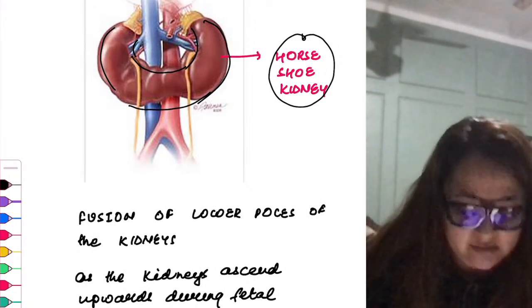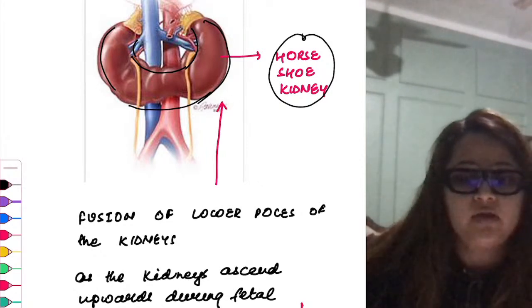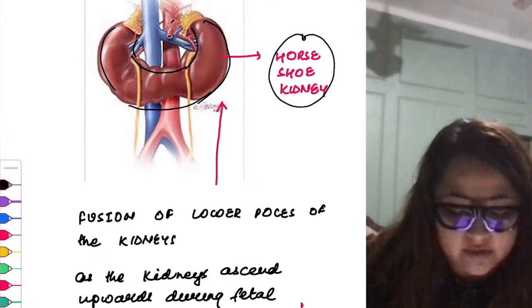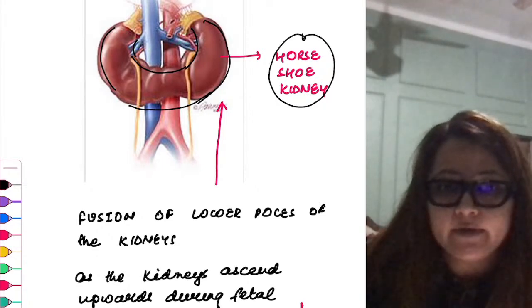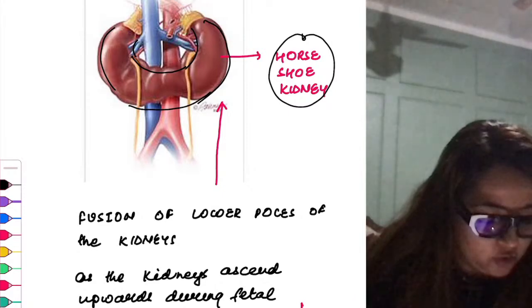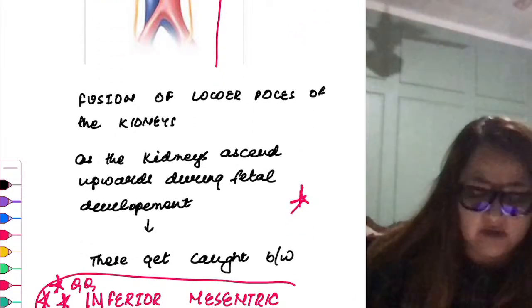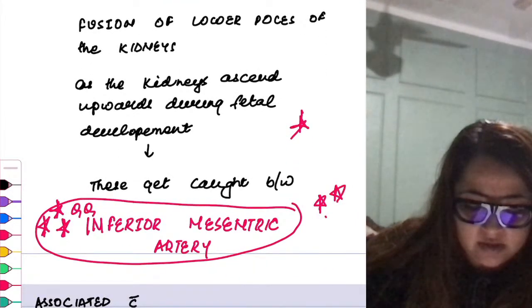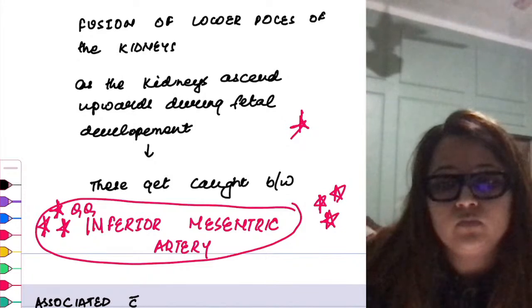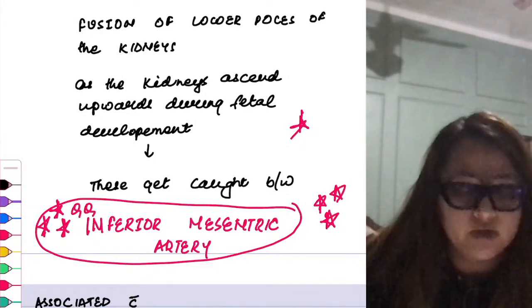Now, the next question that has been asked several times: during fetal development, as the kidneys are moving from the pelvis up above, a structure interrupts the ascent of these horseshoe kidneys. The answer here is the inferior mesenteric artery. This is a very high yield point.